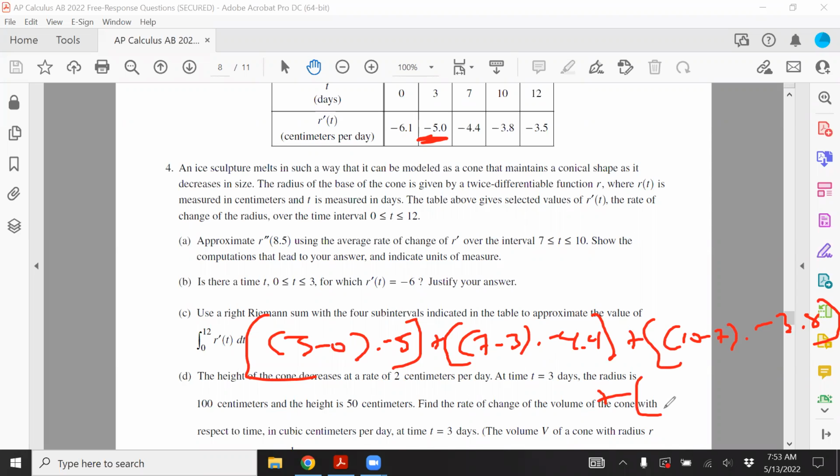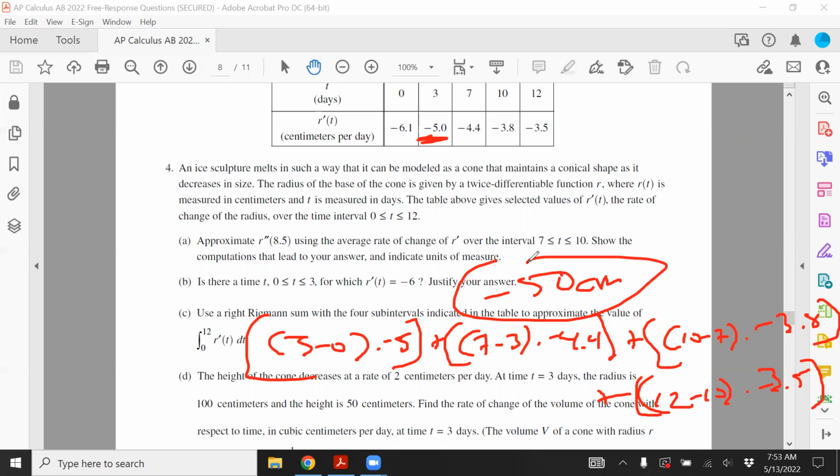And lastly, from 10 to 12, negative 3.5. And there you go. You can leave it like that, or you could work it out. If you do, you get negative 50. Probably should state the units. It's centimeters, obviously, because you're doing centimeters per day times days. So that's your right Riemann sum.